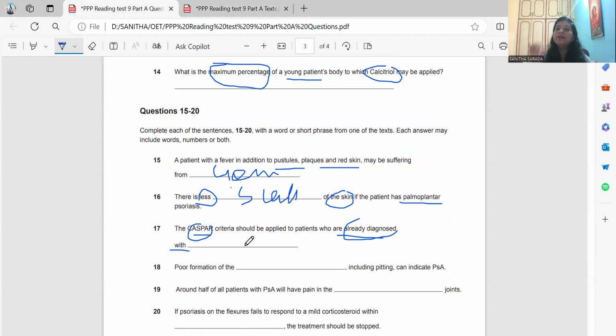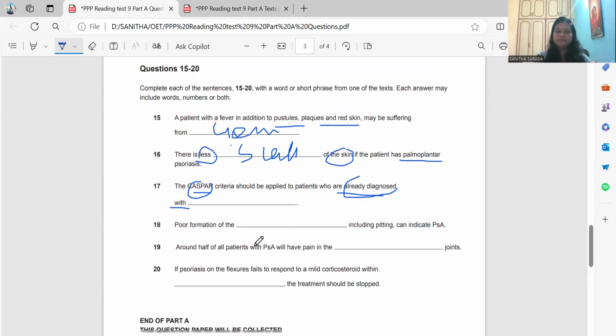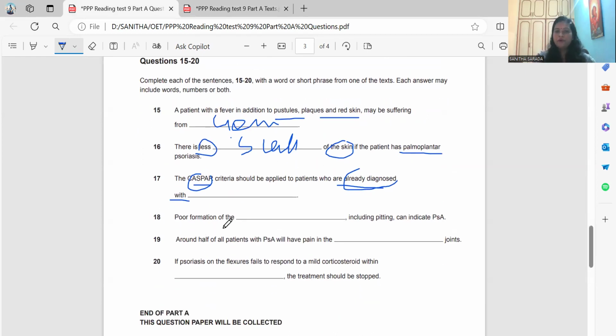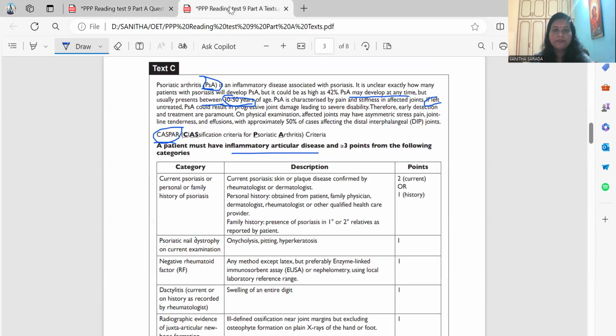Okay, what is the answer? Inflammatory articular disease. Okay. Next, poor formation of the nails, including pitting, can indicate PsA. So the keyword here is PsA; poor formation, including pitting, is another keyword. Okay, so we have to get PsA.